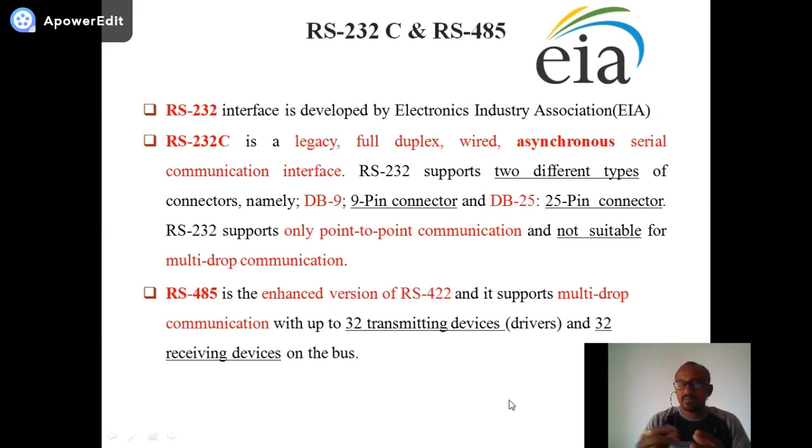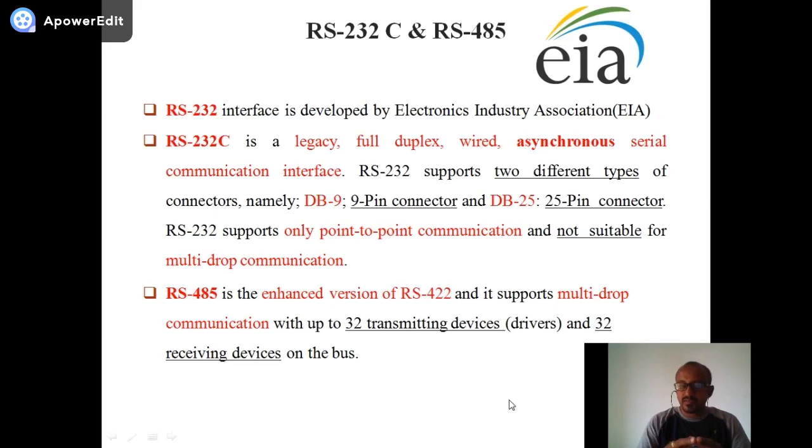There are two types of connectors used for RS-232 communication: the DB9, a 9-pin connector, and the DB25, a 25-pin connector. RS-232 supports only point-to-point communication and is not suitable for multi-drop, meaning one point to multiple devices or multi-point are not connected using RS-232.